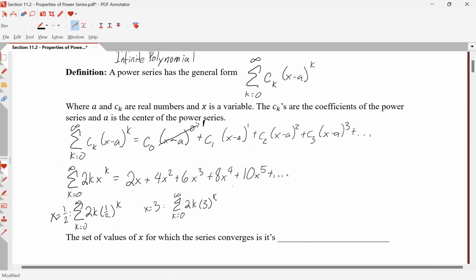We could use all of our skills from chapter 10 to determine if this converges or diverges. The set of x's that I can plug into the series for which the power series converges is known as the interval of convergence. We'll see more about the interval of convergence.